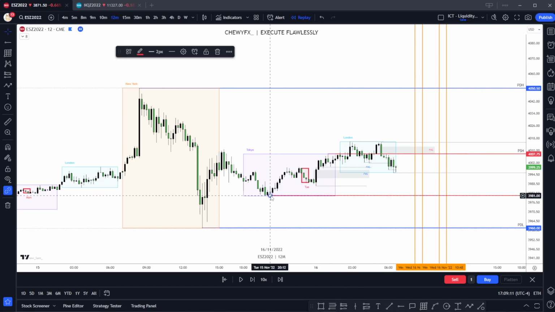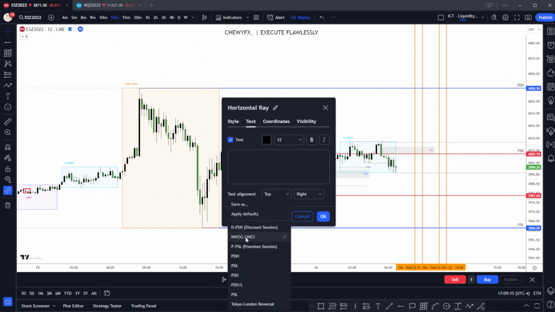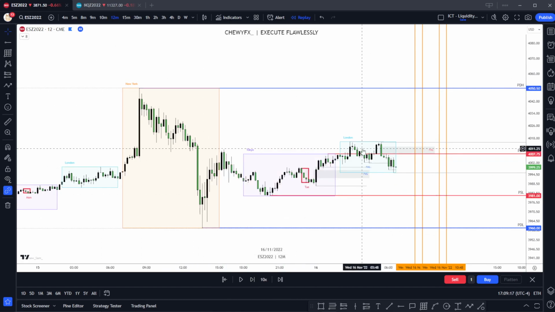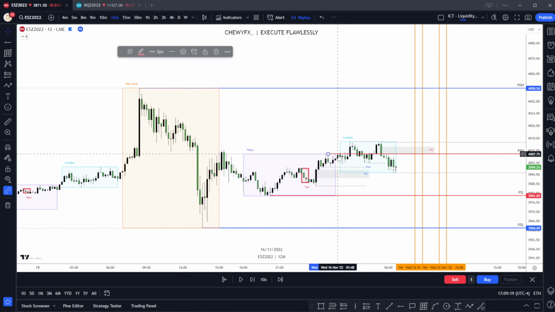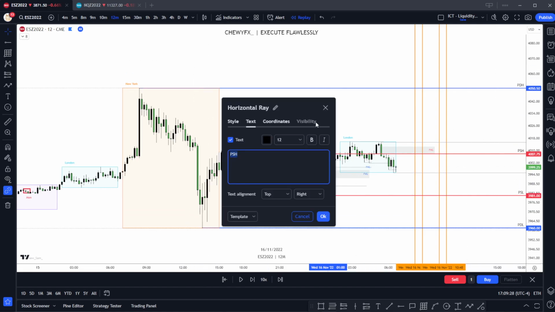And then our session lows. So yeah, this is kind of building up for a sell so far. So let's see how everything plays out.